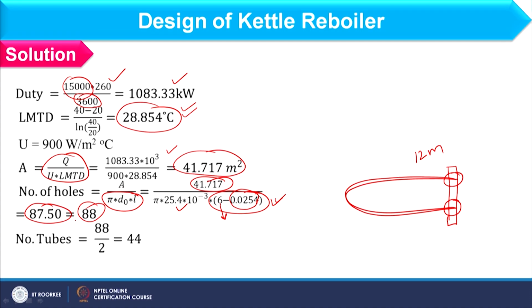Okay. Now, what is this? 88 is number of tubes or number of holes? If I am considering half of the length, that is the length of one leg of the U tube, it means whatever number of tubes I am considering, that is nothing but the number of holes, okay, because so many holes I have to make in the tube sheet. Okay.